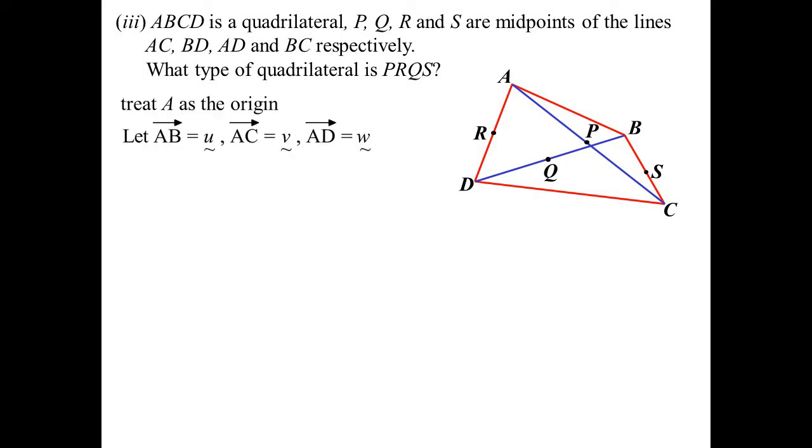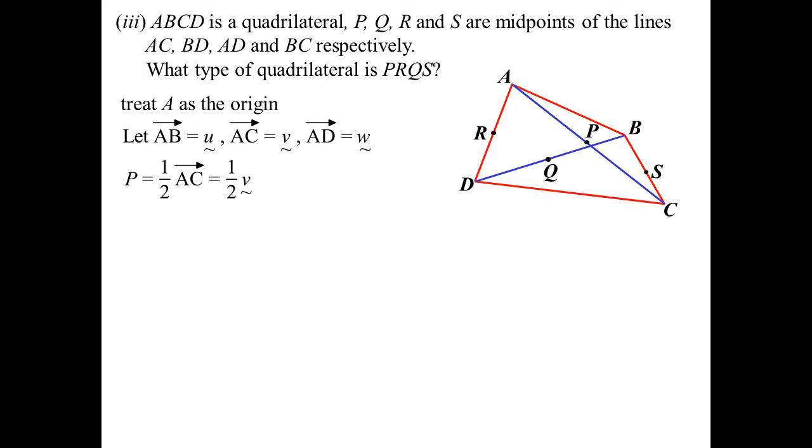That way I can call AB the vector U, AC the vector V, and AD the vector W. I suppose I could have called them B, C and D, but there's no need to. I can call them whatever I like. So P is half of AC.